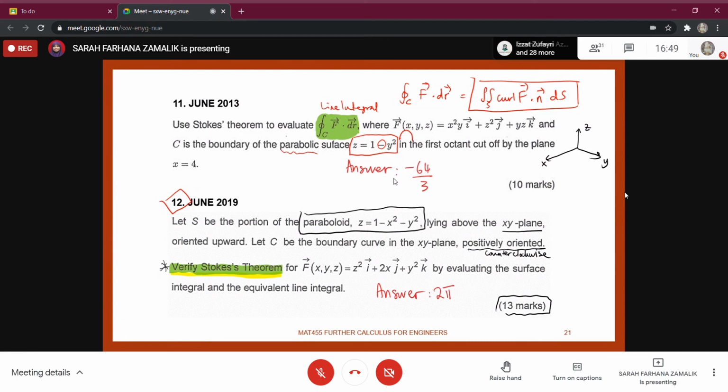But now, where is the shape of the parabolic surface? They tell you it is in the first octant, cut off by the plane X equals 4. So we sketch it, because it is in the first octant, which means the positive side of the XYZ axes. So this is Z equals 1 minus y square, but because it is solid.